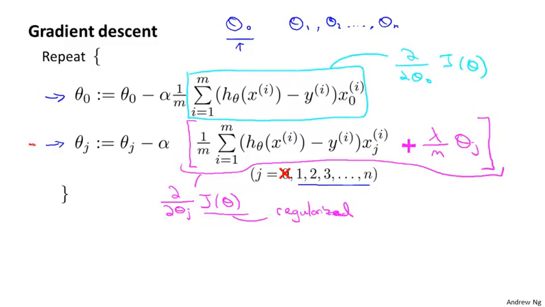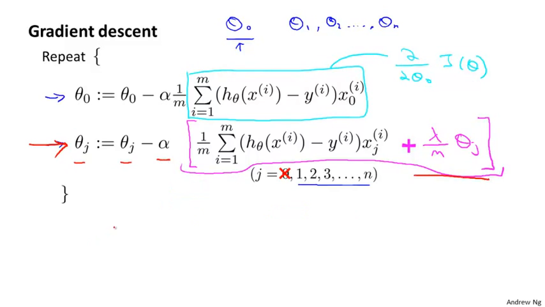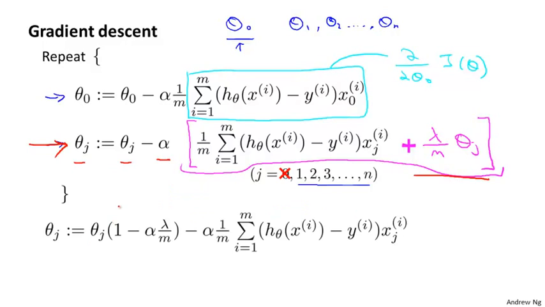If you look at the update for theta j, it's possible to show something pretty interesting. Concretely, theta j gets updated as theta j minus alpha times this other term here that depends on theta j. So if you group all the terms together that depend on theta j, you can show that this update can be written equivalently as follows.